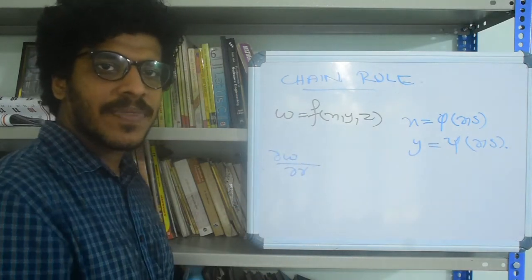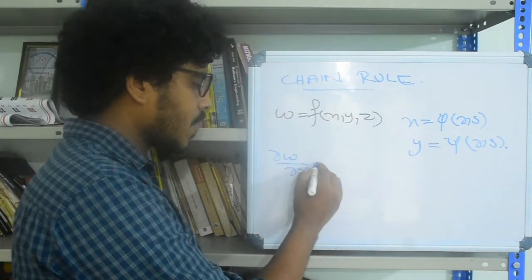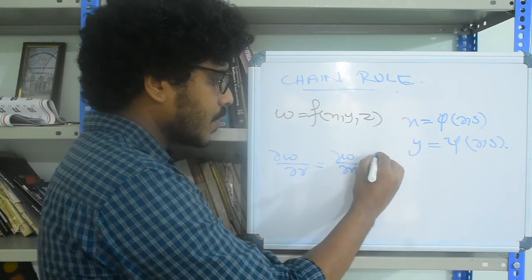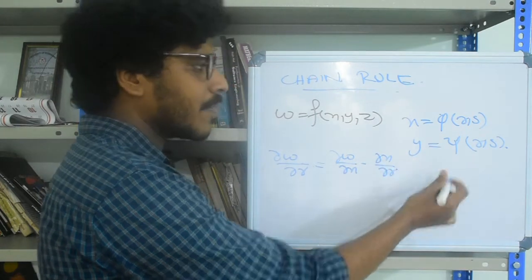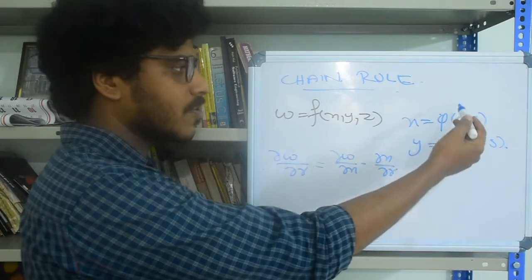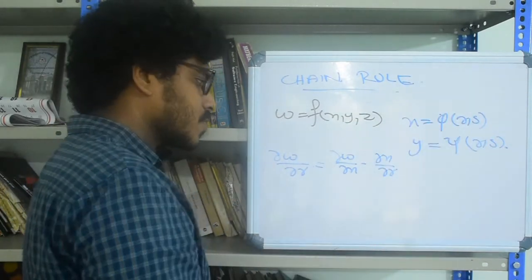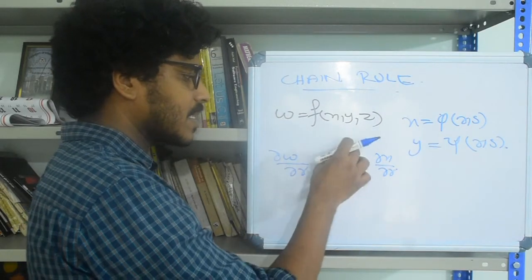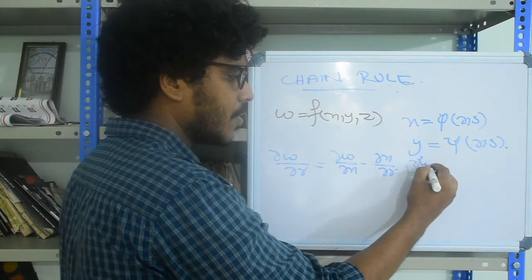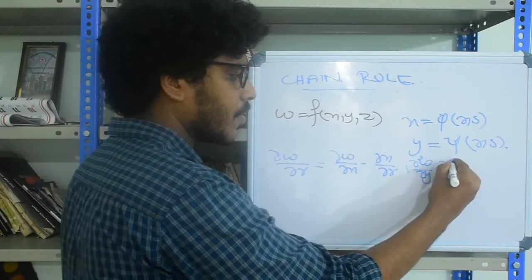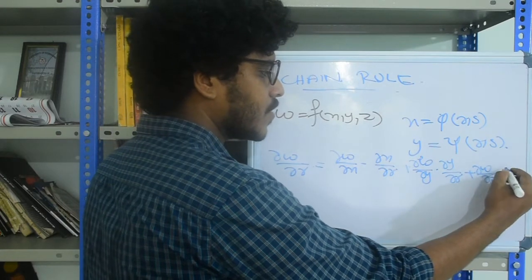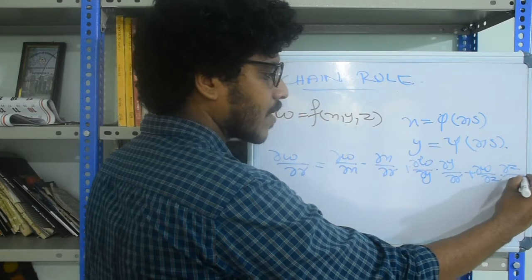So dou w by dou r will be dou w by dou x into dou x by dou r. Remember, dx by dr cannot be directly written since x is a function of r and s. So dou w by dou r can be expressed as dou w by dou x into dou x by dou r plus dou w by dou y into dou y by dou r plus dou w by dou z into dou z by dou r.